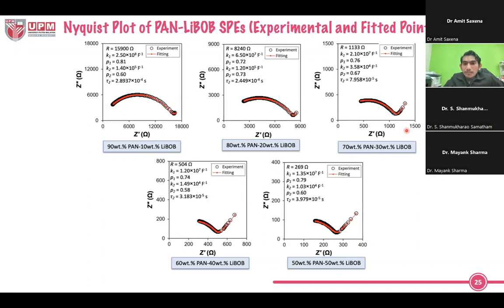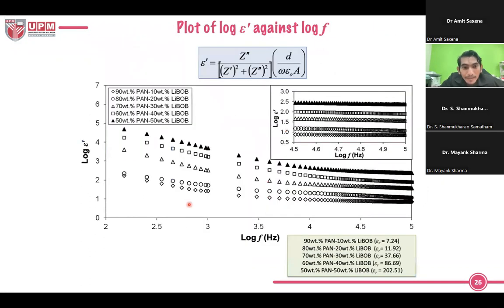This is the Nyquist plot with the corresponding fitted points. We can see that the points almost fit the experimental data, and these are the parameters used to fit the Nyquist plot obtained from the experiment. Since to calculate N, mu, and D we need the dielectric constant, we need to plot real permittivity against log frequency.